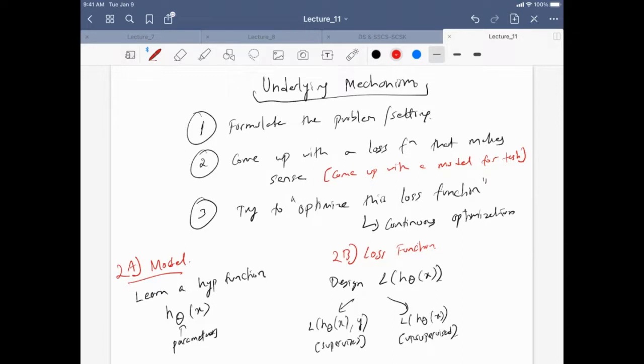Now I'll talk about a few different scenarios. It's not exhaustive by any means. I just put this up last night, so I'll talk about a few example things in machine learning of how you design these loss functions, and then I'll talk about what the optimization is. I won't talk about optimization algorithms because most often they would use one of the flavors we have looked at in the past.